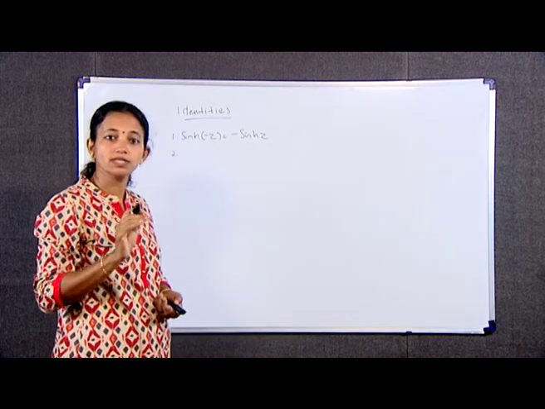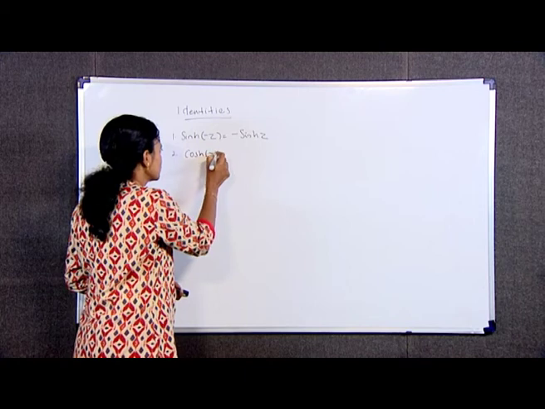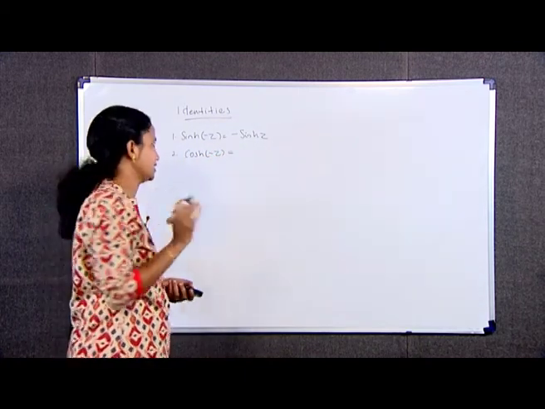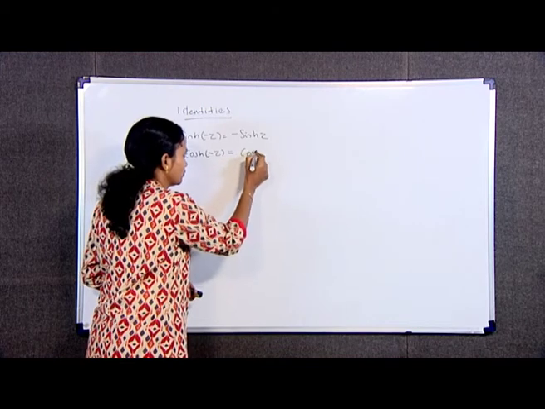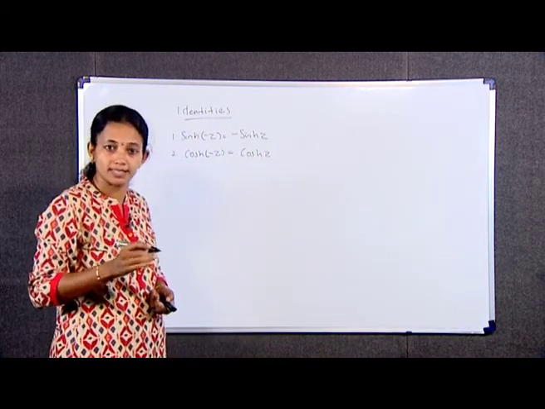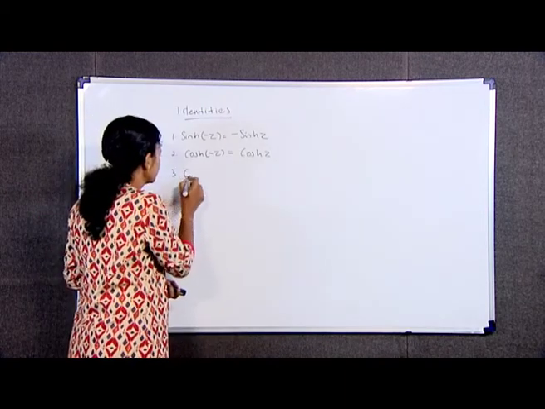Second one, cosh of minus z is equal to cosh z itself. Third one, cosh square z minus sinh square z is equal to 1.